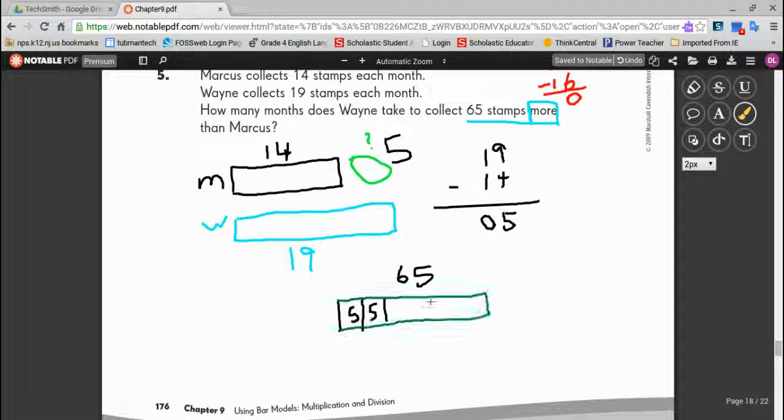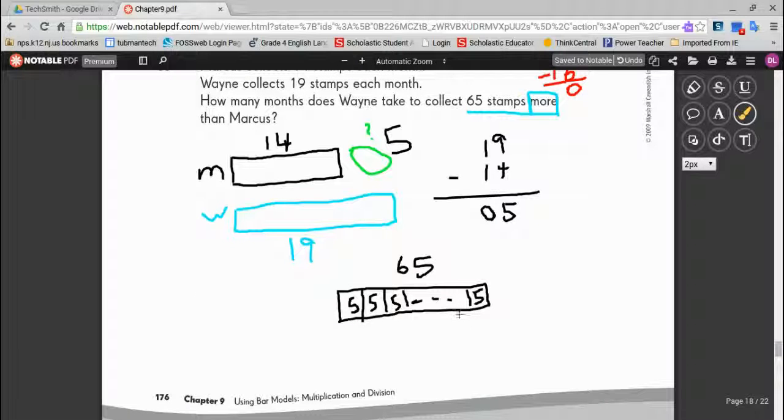Month number 2, 5 more stamps. Month number 3, 5 more stamps. And I don't know how many months it is, but I do know that each month he collects 5 more stamps. And if you look at this bar model, I'm splitting up 65 into groups of 5. Now when I split up 65 into groups of 5, I'm also dividing.